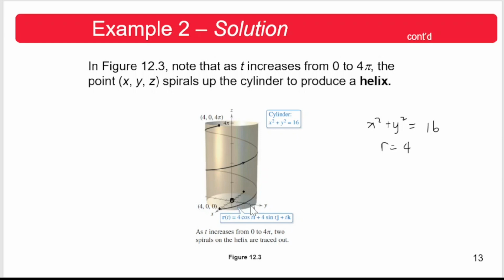Then 4 units along the positive y. So this is 4 units. This point is also 4 units from the center. Okay, so connecting these 4 points, we have the circle as the base of this circular cylinder.